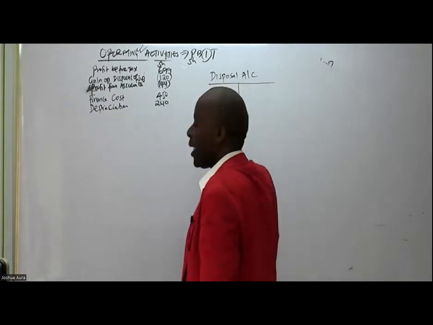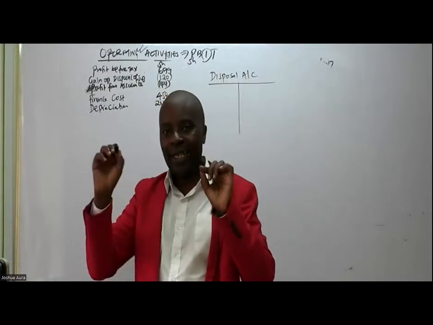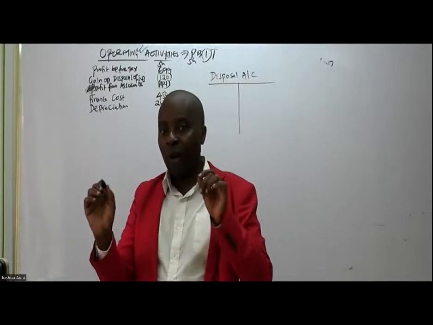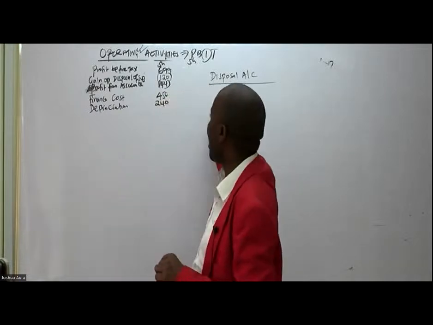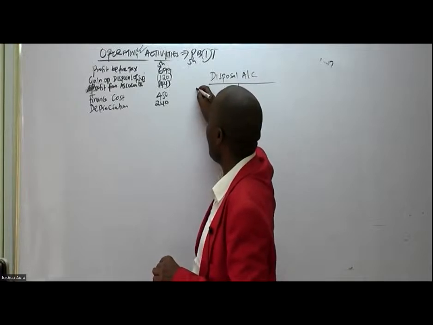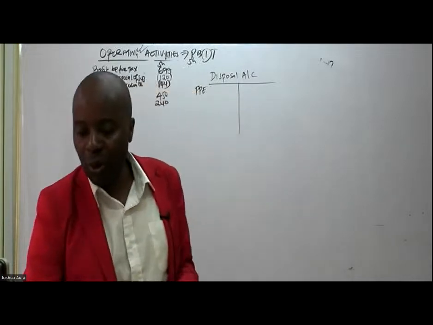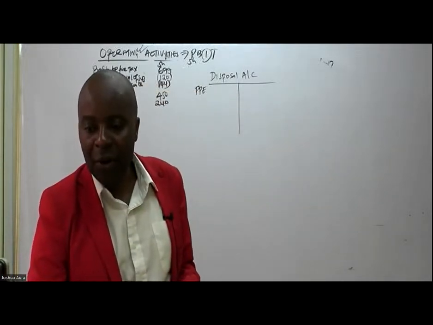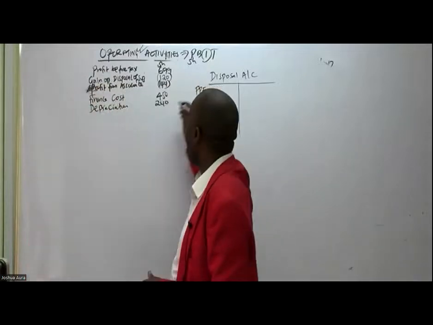When I dispose an asset, I will straight away go to property, plant, and equipment account, credit the PPE with the net book value, and then I debit disposals account here. So we have here the PPE that was disposed in the year, and we were given the carrying amount of that PPE, which is 885.